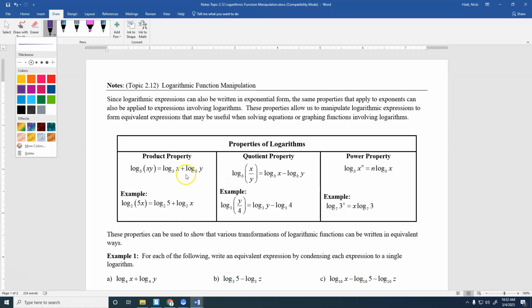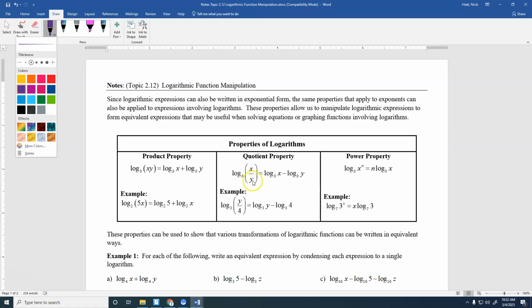This is just a property that is always true of logs. Honestly, I don't really know the proof of that. I could probably find it if you want, but I would say probably just take my word. This always works. So if I have something like the log base 2 of 5x, I could rewrite this as log base 2 of 5 plus log base 2 of x. They have to be the same base, yes.